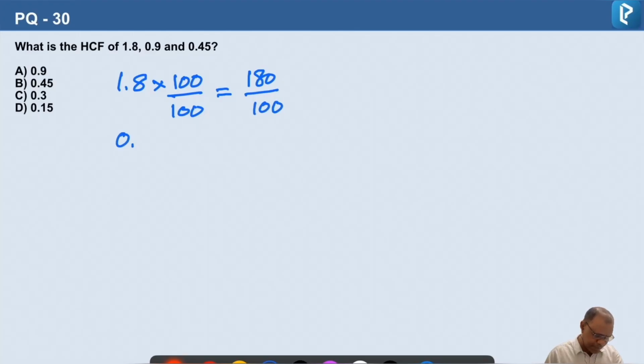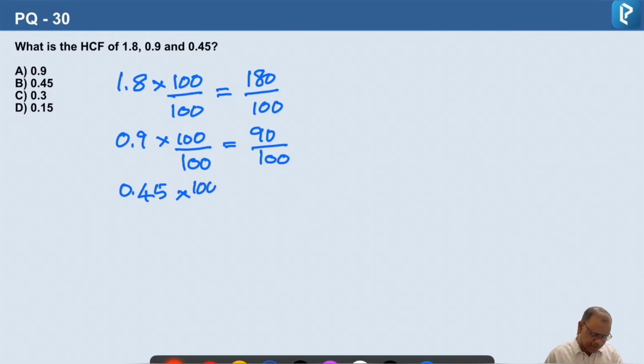Similarly, 0.9 multiplied by 100 divided by 100 becomes 90 by 100. 0.45 multiplied by 100 divided by 100, you will get 45 by 100.